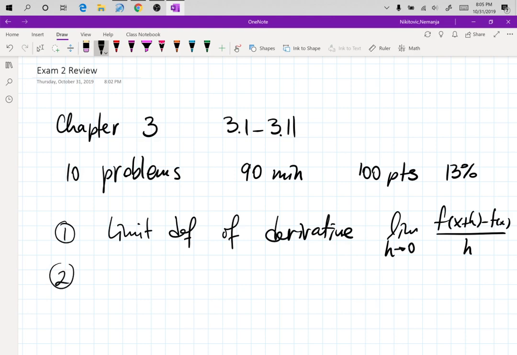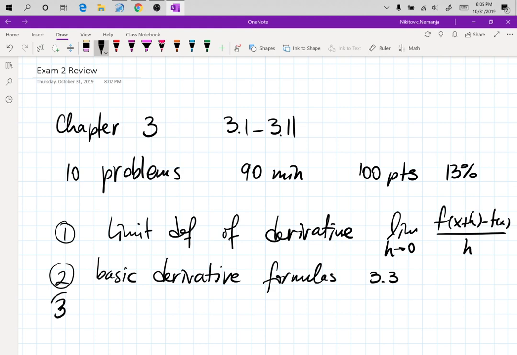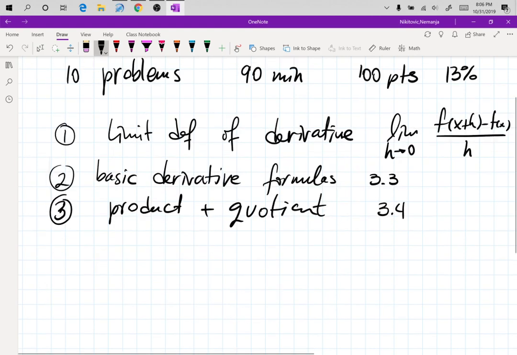Then we have basic derivative formulas from 3.3. Then we have product and quotient, which is 3.4.